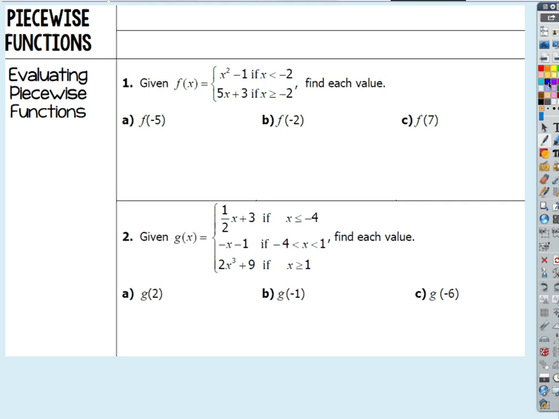A piecewise function. So a piecewise function is a function that's made up of more than one function, each with its own domain.